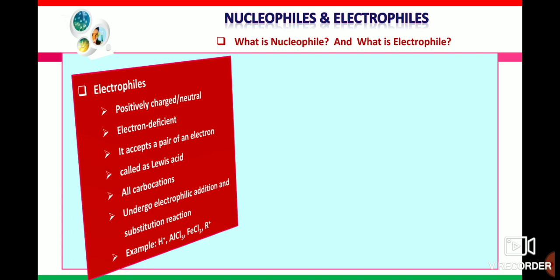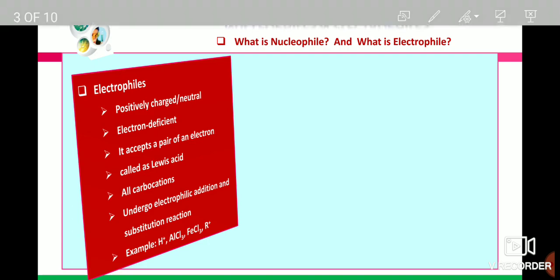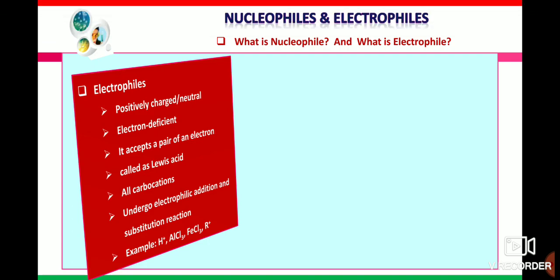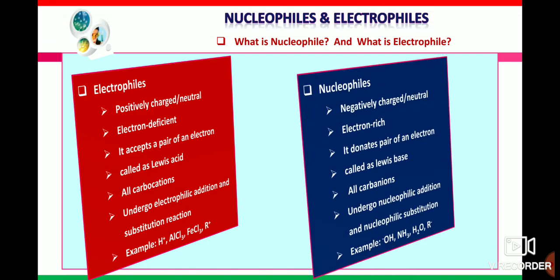The positively charged ions are generally electrophiles, and any species or molecule which has vacant orbitals also acts as an electrophile. Then what are nucleophiles? Negatively charged species or ion or neutral molecule having lone pair electrons are called nucleophiles.